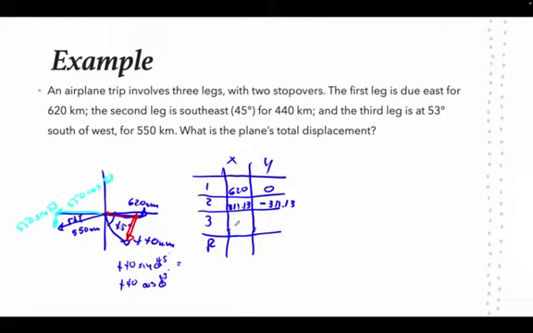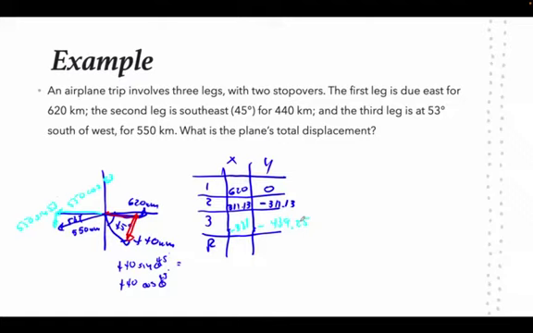Cosine of 53 times 550 will be negative 331, and sine 53 times 550 is equal to 439.25.